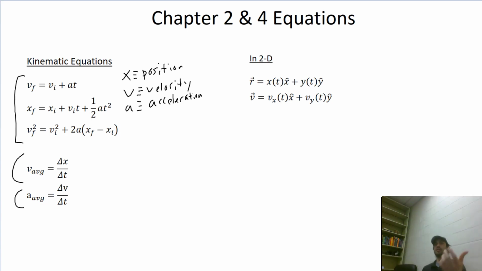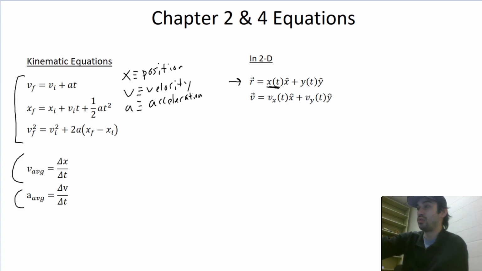Now, like I said, these equations can be generalized from one dimension to two dimensions by saying that in two dimensions, I just have two sets of these equations, one for x and one for y. So I can define the position vector r so that it has an equation in x that comes from here and an equation in y that also comes from here.